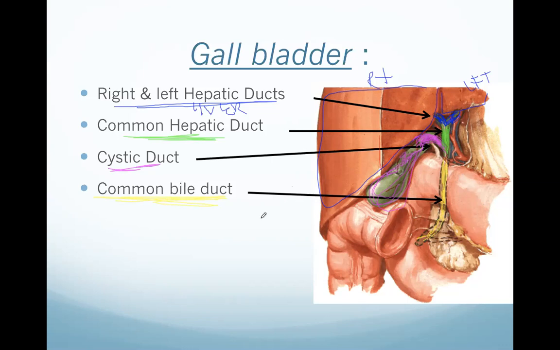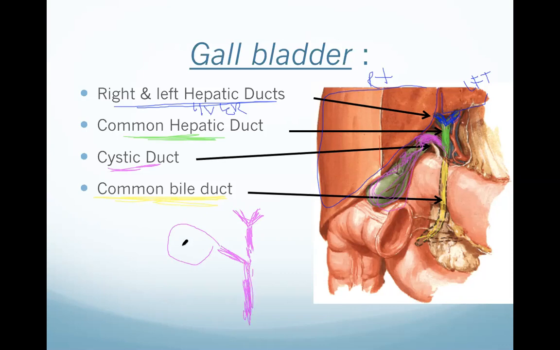To me, this always forms kind of like a double Y. I have a Y here, so these are my two hepatic ducts and my common hepatic duct. And then I form another Y here, and this is the cystic duct and the common hepatic duct coming together into the common bile duct.